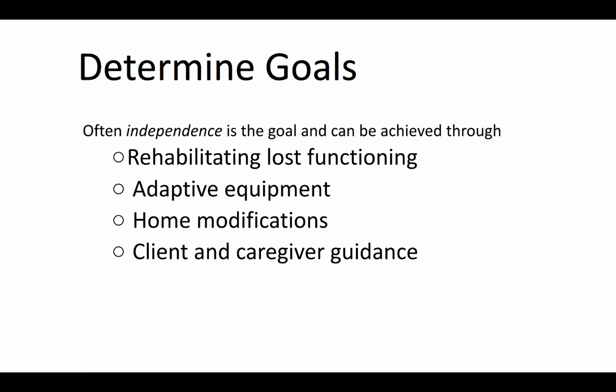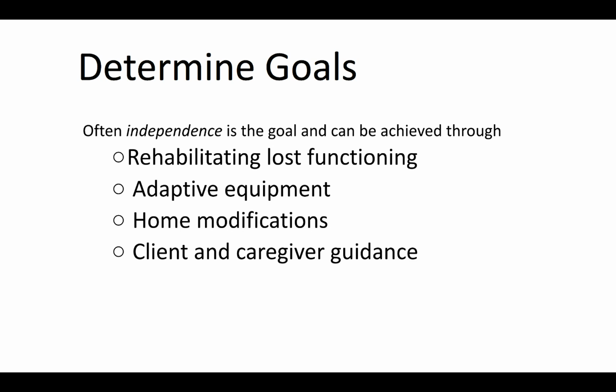We may have to look at rehabilitating a lost function. So an example of this is somebody who has had a stroke and they've lost the use of the right side of the body, or we'll say the right arm. We're going to have to create a goal that incorporates rehabilitation.